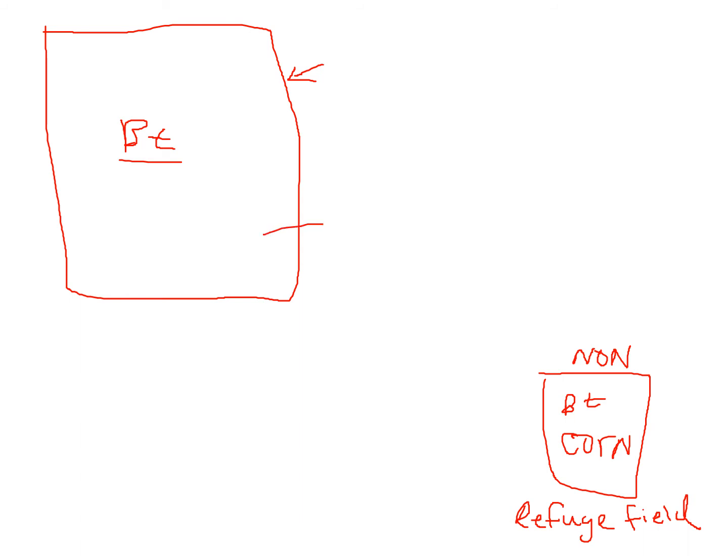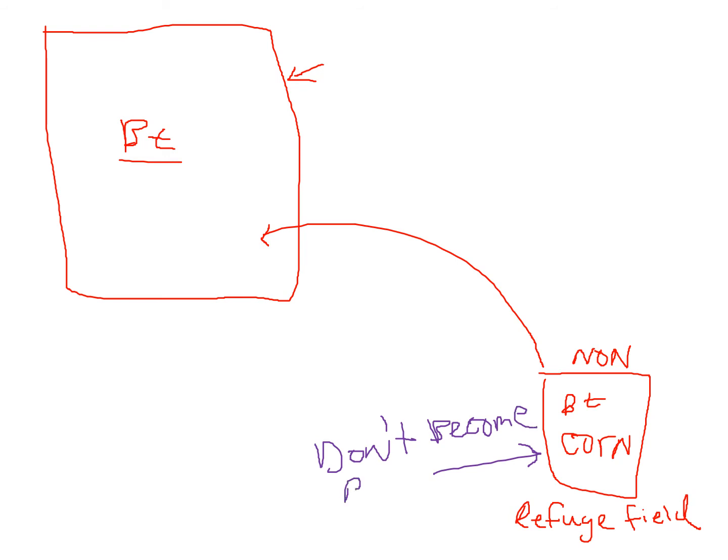So the idea is to have a refuge field so that these corn borers don't build up a resistance. They don't become resistant. And then because they don't become resistant, they breed back with the ones that are resistant, lowering their resistance.